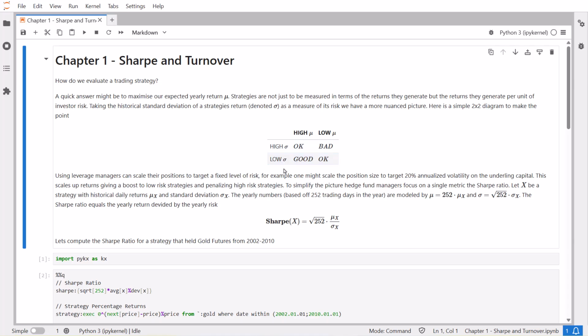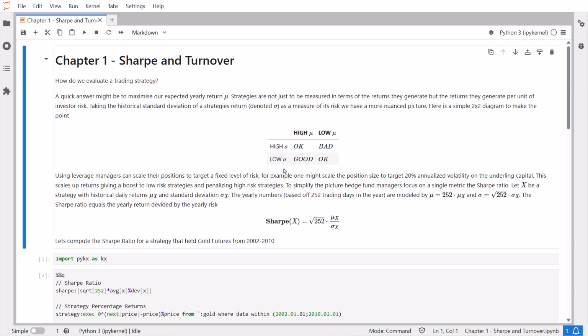So using leverage, hedge fund managers can target a fixed level of risk. What they can do is borrow money from the bank to scale up a low risk position into a position with more risk. For example, a manager may target a 20% annualized volatility on his underlying capital.